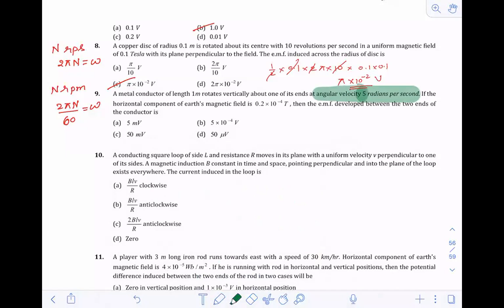Angular velocity they have already provided, omega they have already given us. This is the magnetic field, this is the length. Can you calculate everything now? Half B omega L square will be the EMF induced. Can you solve this? Shall I leave this problem?